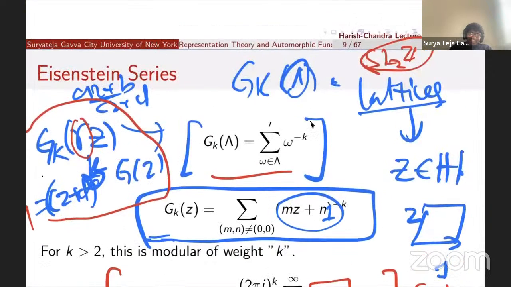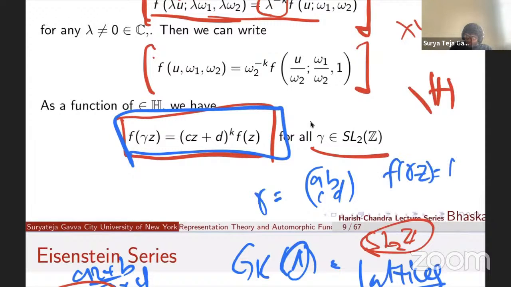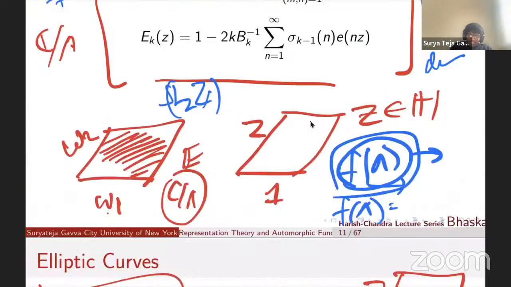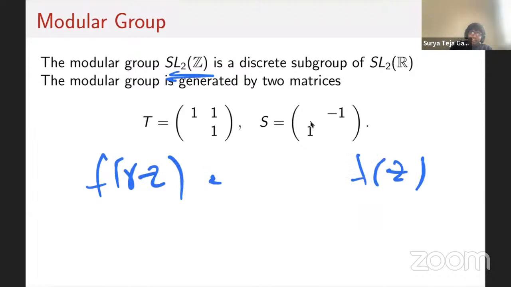Periodic in the sense that you have all these discrete matrices A, B, C, D, which are gammas, for which you have this equation f of gamma z equals f of z. In fact, SL2Z is generated by two particular matrices.